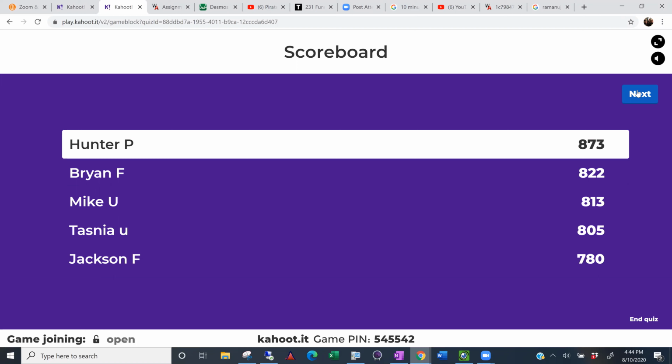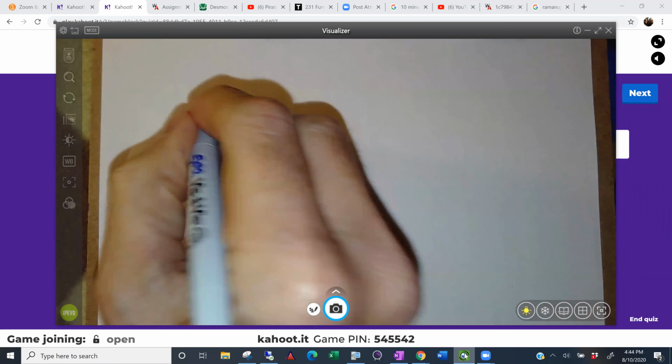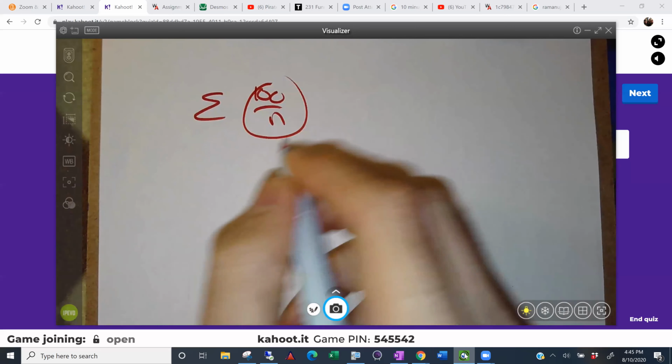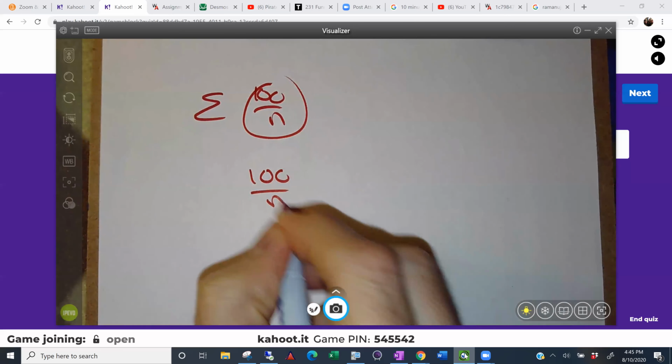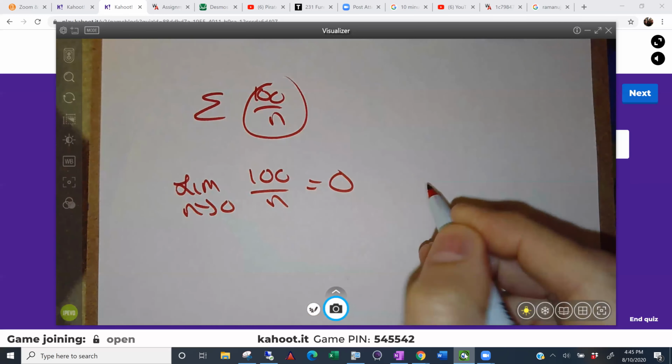All right, Hunter up front. But do you understand what's going on with that first one? If your terms are 100 over n, your terms have a limit as n approaches infinity of 0.